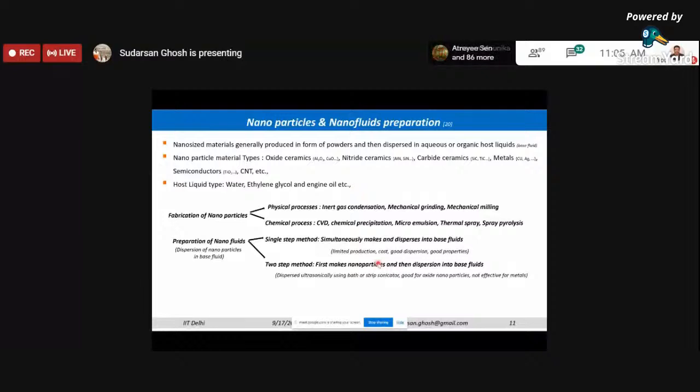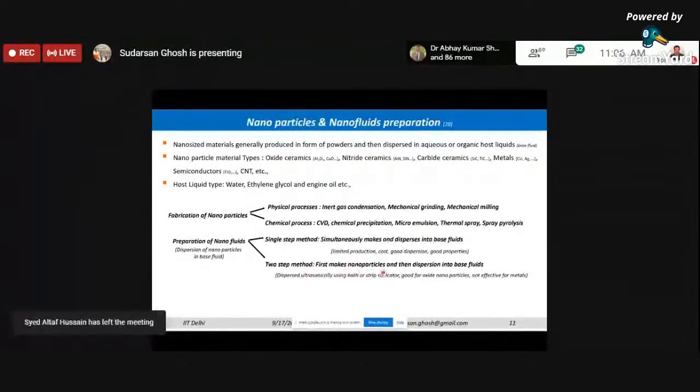The advantage is that the dispersion of the nanoparticles within the fluid medium is very good, and consequently the properties are also comparatively much better. But because we did not have the requisite facilities to make nanofluids by the single-step method, we have used the two-step method.